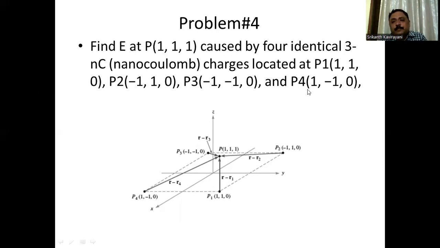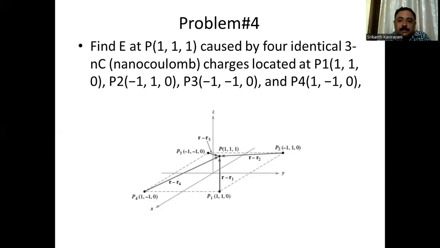How we evaluate this particular expression is what we'll see in this problem. So we are having in the xy plane four charges P1, P2, P3, and P4, and we are trying to evaluate the value of the electric field at the point P(1, 1, 1).